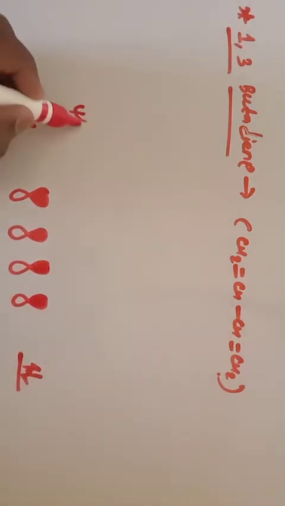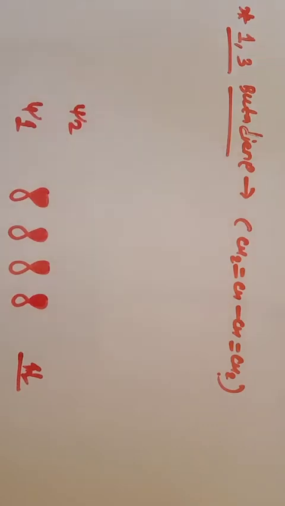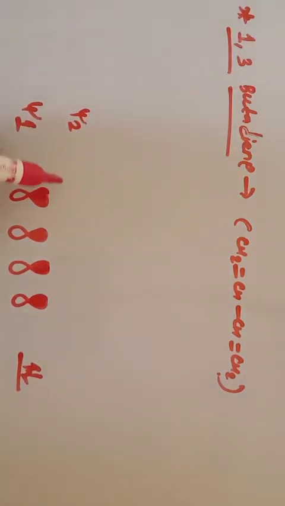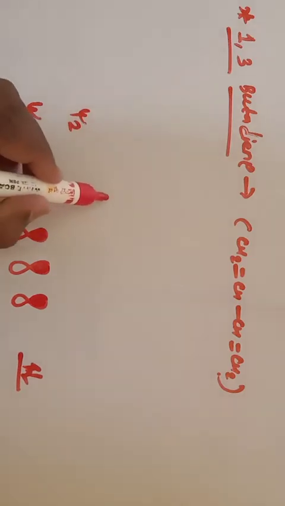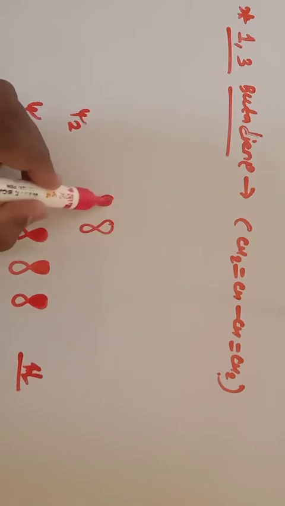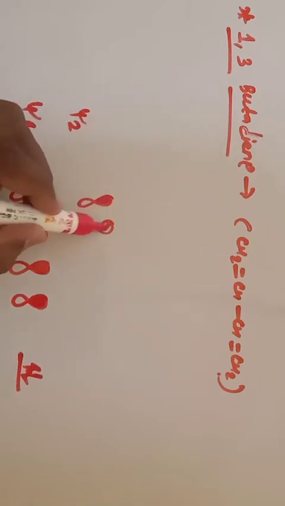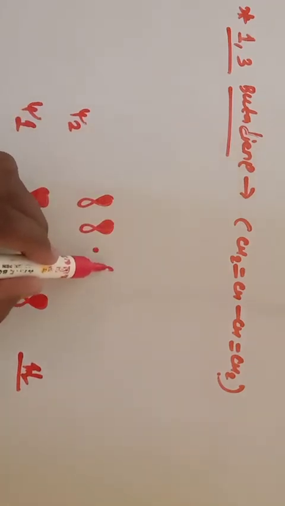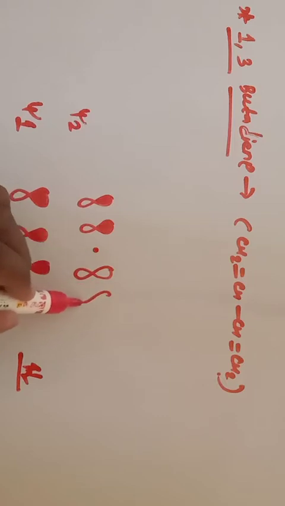Psi2, if you consider psi2, must have one node. We know this is a symmetric molecule. To represent only one node, out of these 4 p orbitals, 2 are in one plane and 2 in another plane.